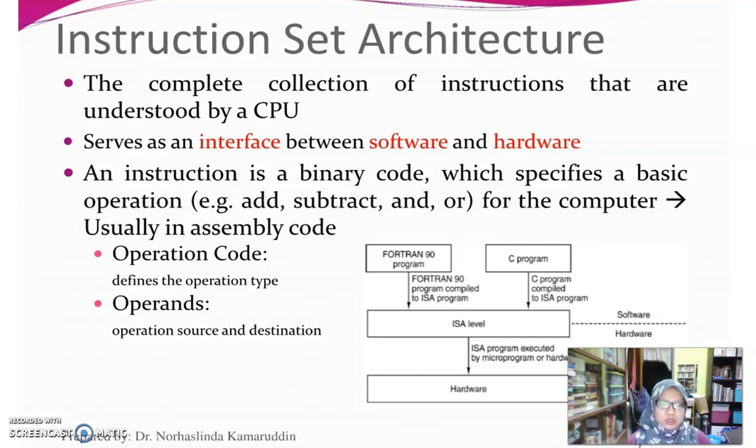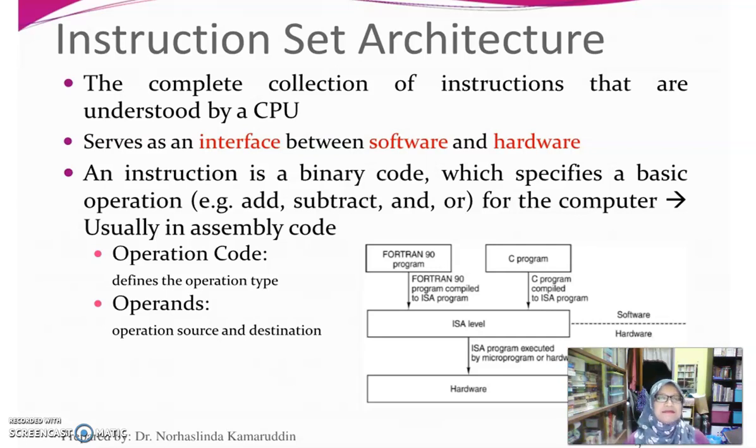In assembly code, we have two sections. One is the operation and another one is the operand. Operation is what will be done by the computer: add, subtract, divide. So the operation is called the operation code, whereas the operand is the name of the register.